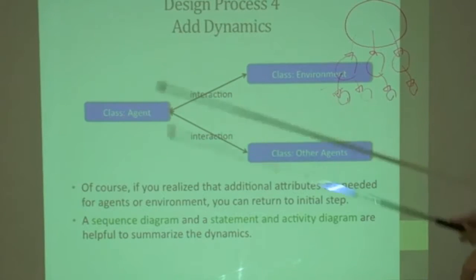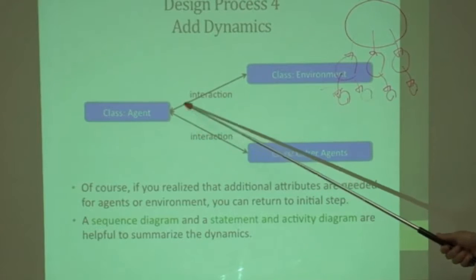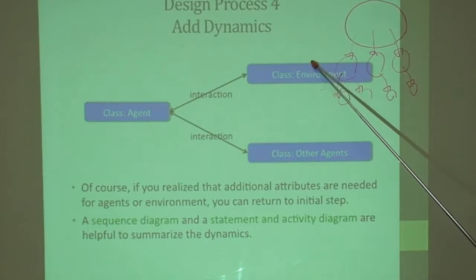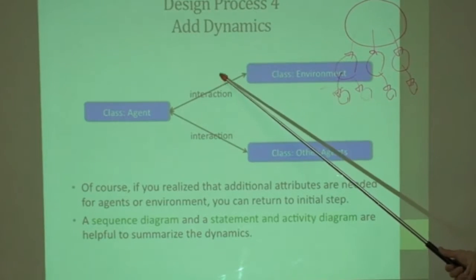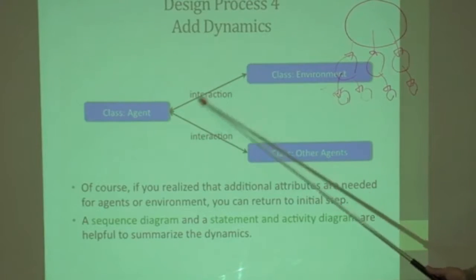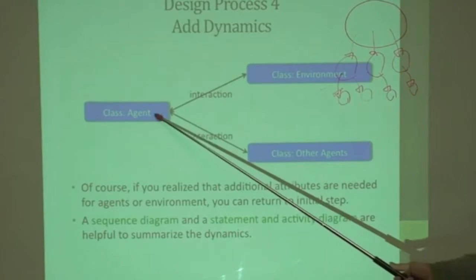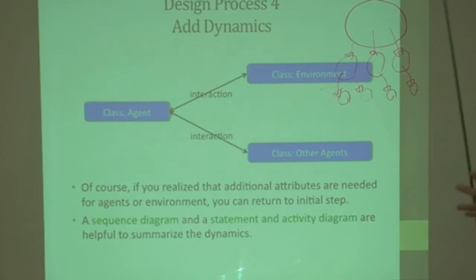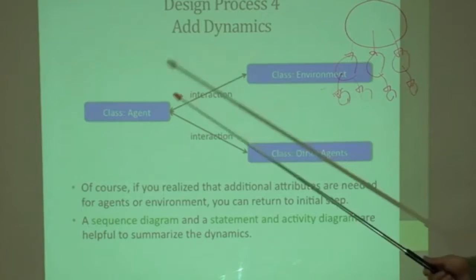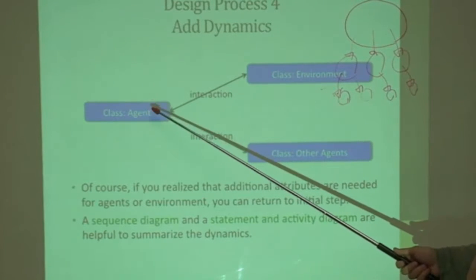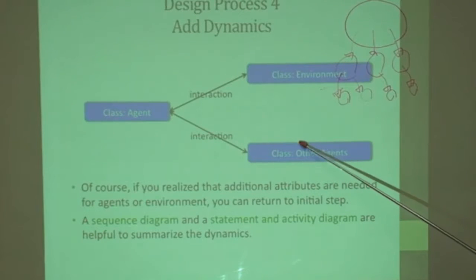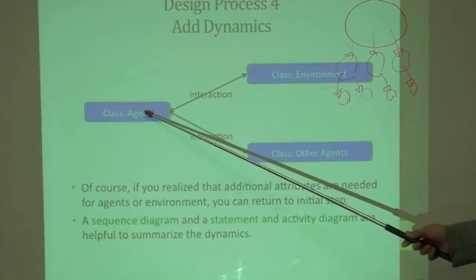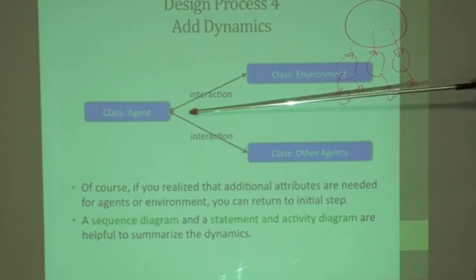First, you think about agents acting on the environment. Of course, the environment also acts on the agent, so there is interaction between agent and environment. In the same way, we can think of an agent acting on another agent, and other agents acting on one agent. So there are interactions between agents.